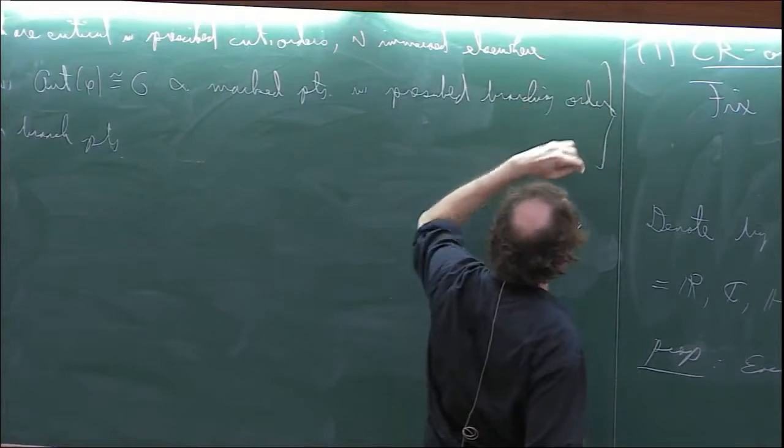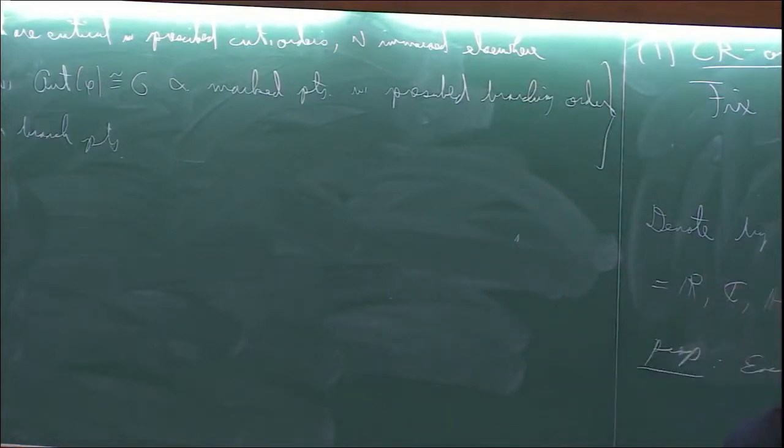And by the way, you're free to take the marked point sets to be empty, in which case we're just talking about unbranched covers or immersed simple curves or both.